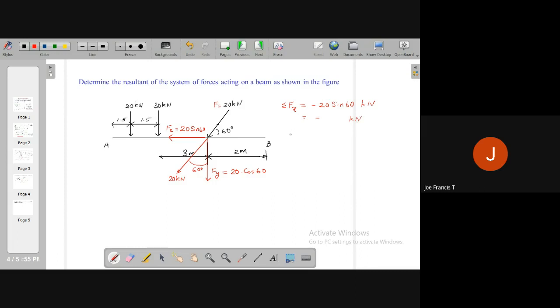Similarly, you add up all the forces in the Y direction, sigma Fy. Now we have all the forces in the negative Y direction, right? So it is minus 20, minus 30, minus 20 cos 60.